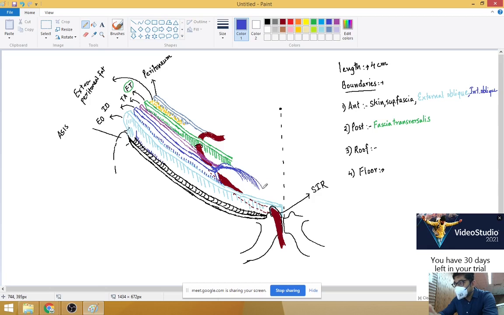Okay, the conjoint tendon is coming like this. So what is the conjoint tendon having? Both the fibers of the internal oblique as well as the transversus abdominis.